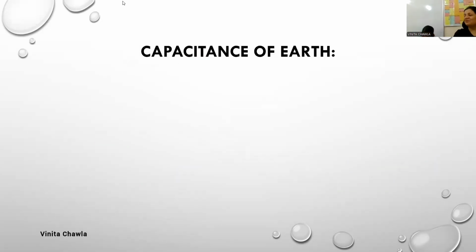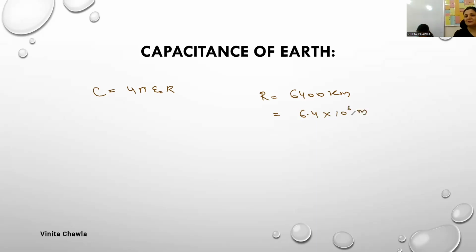Capacitance of earth. Because we know that for a spherical conductor, capacitance is 4 pi epsilon naught R, if we know the radius of earth, we can easily find the capacitance of earth. So what is the radius of earth? It is 6,400 kilometer, so in meters, we can write this as 6.4 into 10 raised to the power 6 meters.